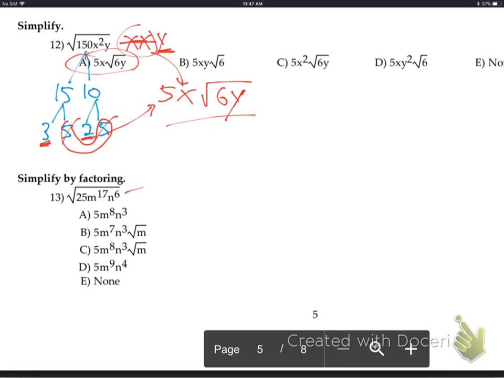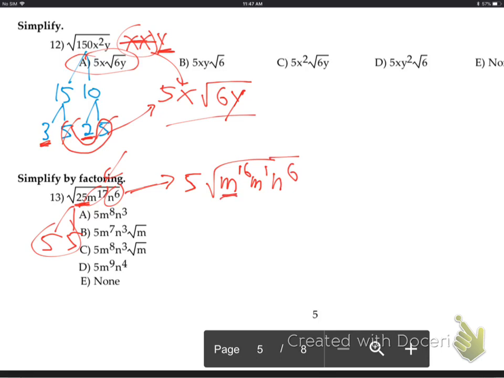Next one. Square root of 25. That's 5 times 5. Two 5s in, one 5 out. Or you just say square root of 25 is 5. You know that. Now, what do you do with these powers on these m's and n's? Cut them in half, right? Yeah, but now the odd one, I can't cut 17 in half. So what do you do with an odd one? Remember, you make it 16 with 1 remainder. You always make it even with 1 remaining.